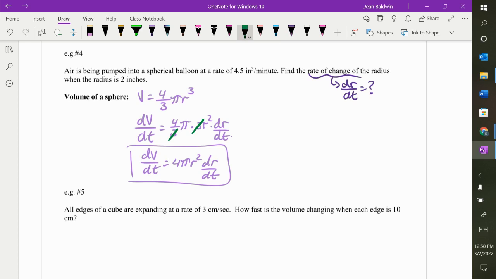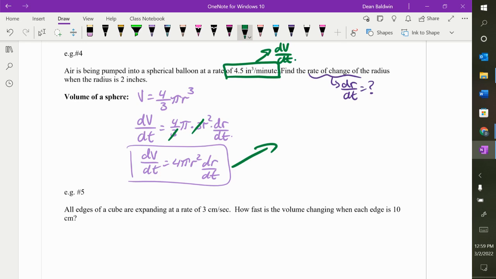So, what's my dV dt? 4.5. Yeah. You know that is dV dt because it's cubed, right? Volume is always units cubed.